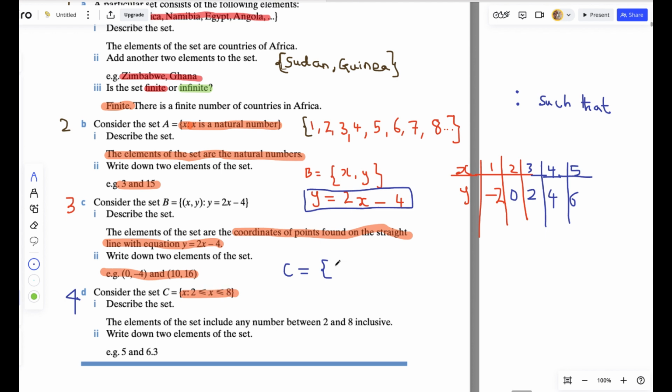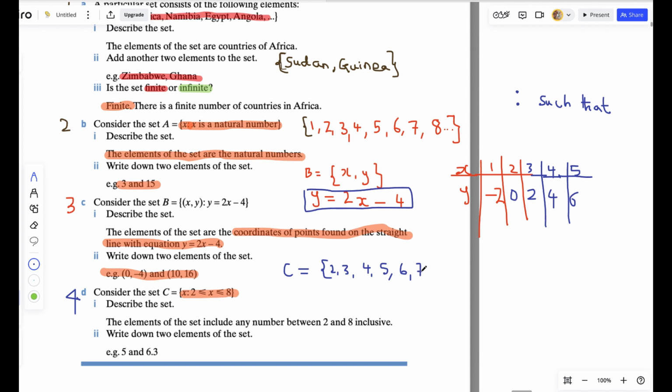If you are asked to give the values of x from this inequality, you write set C equal to, and when you're writing a set, you open curly brackets. x is less than or equal to 8 and greater than or equal to 2, meaning from 2 to 8 only: 2, 3, 4, 5, 6, 7, and 8.